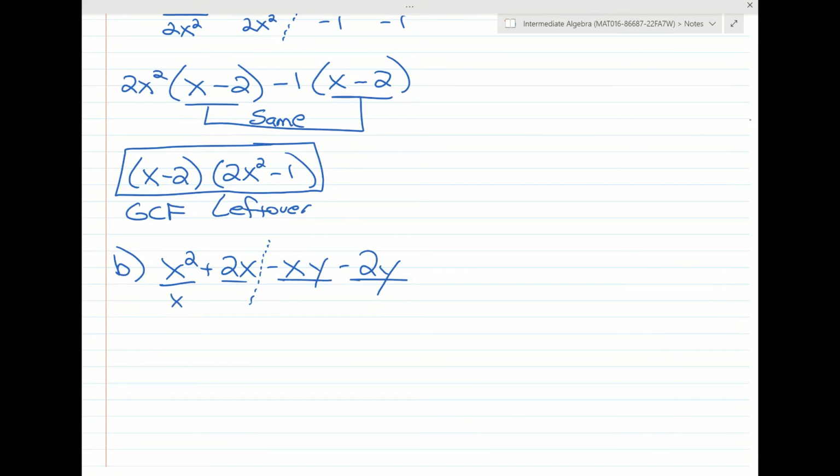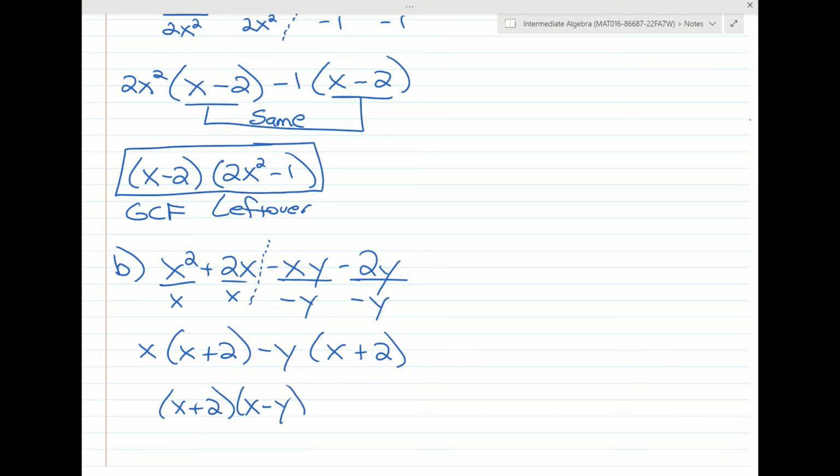First GCF would just be x. We get x plus 2. Second one, we know it has to be negative because the leading term is negative. And it looks like we'll have a y, so we'll take out a negative y. And if we did it correctly, we'll just get x plus 2. Then we could take out the new GCF of x plus 2, and we're left with x minus 1.